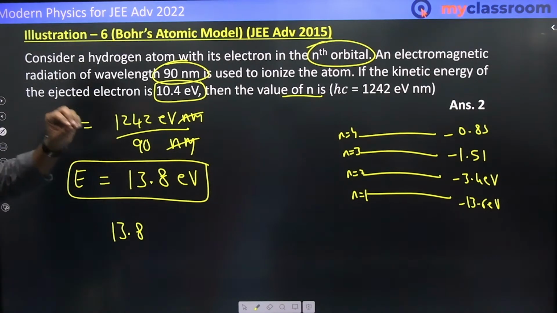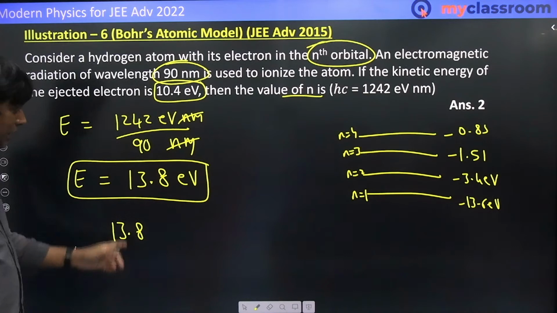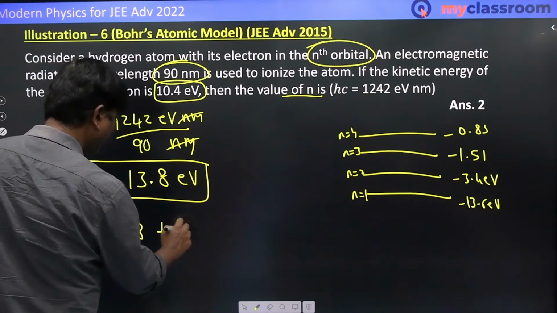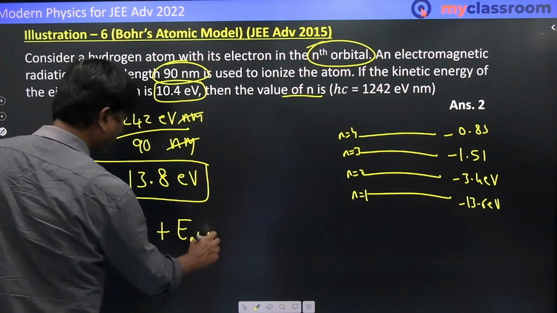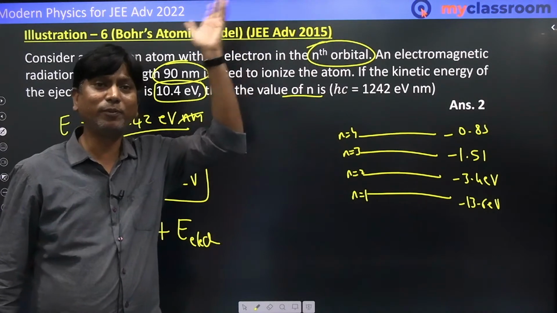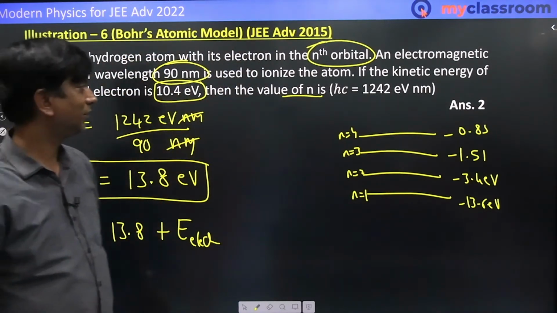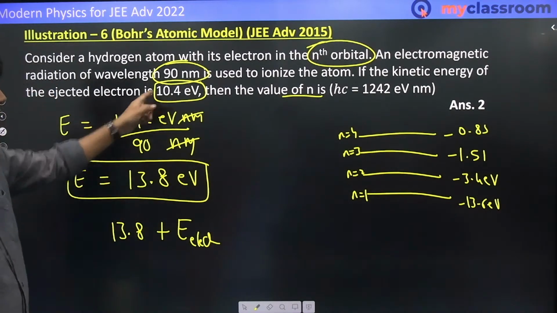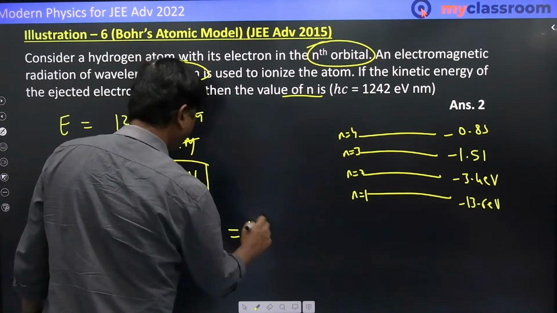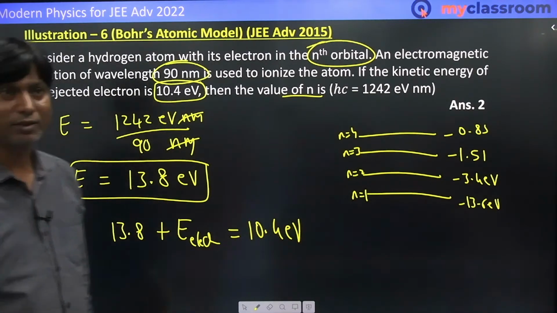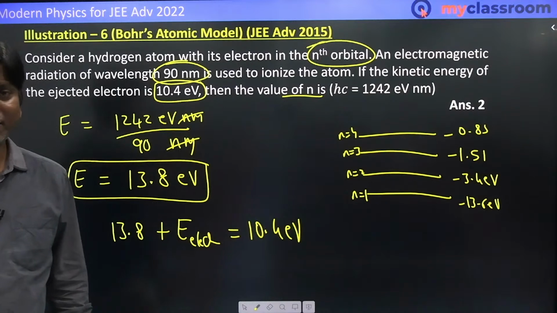In the nth orbit it will have some energy. To that energy you are adding this, plus the energy of the electron in the nth orbit, right? If you add, then where will it go? It will go up, and then it will come out with a kinetic energy of 10.4 electron volts. It will go to infinity. Ionized means coming to infinity.